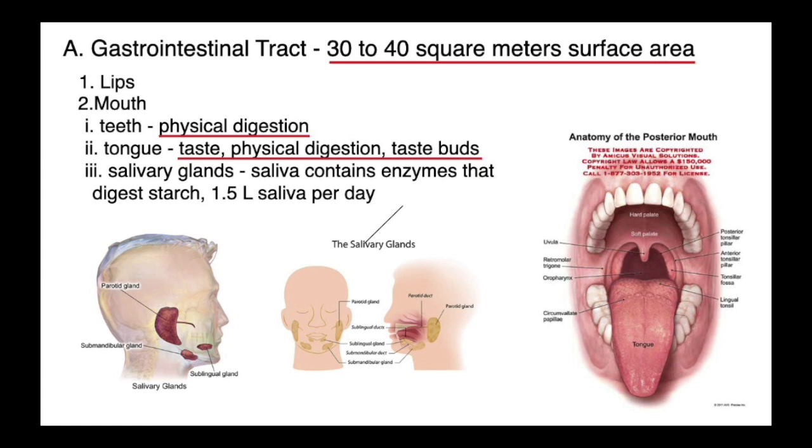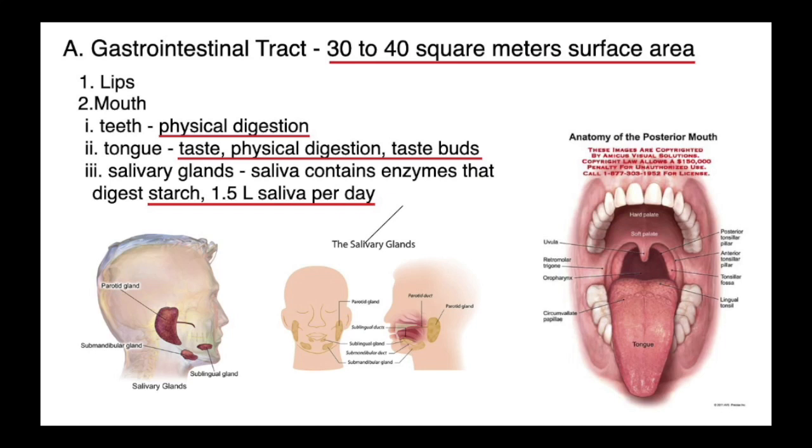Okay, and then you have salivary glands, which contain enzymes, and those enzymes help with chemical digestion. So not just breaking food into bits physically, but starting to digest it, breaking the molecule down. So when you eat a cracker and you sense a sweet taste on your tongue, that's an enzyme starting to break starch down.